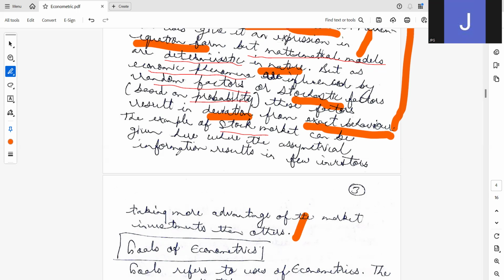So what is it telling us? We are talking about an economy. In an economy, everything is not in a symmetrical form. The information that you have is asymmetrical in nature. Fine. So few people may know more than you, the way you feel that you know, but there might be people who may know more than you. So they may have more information and they may include more factors when they are, let's say, investing in a stock market. So those who have access to more information may take advantage of the market.